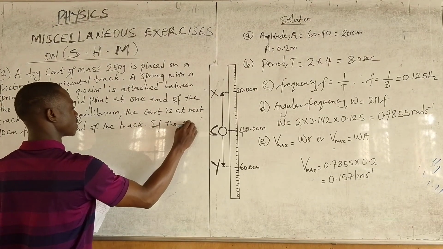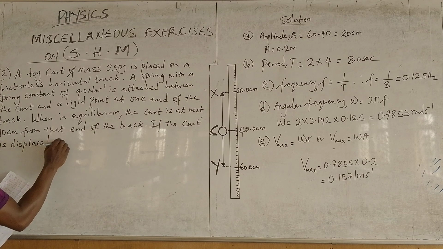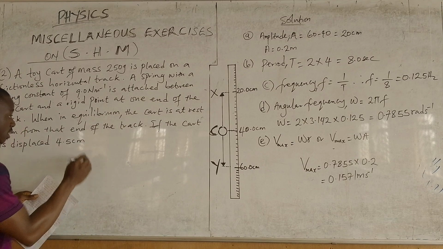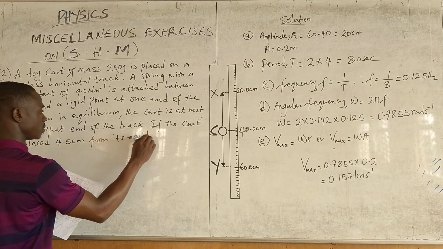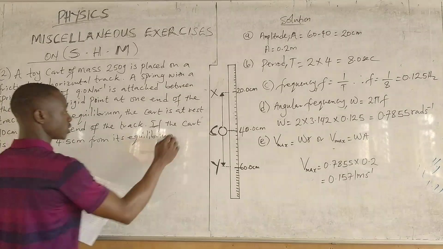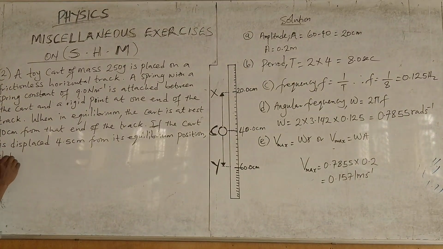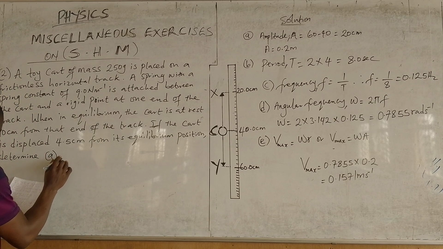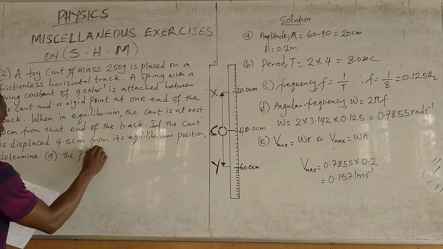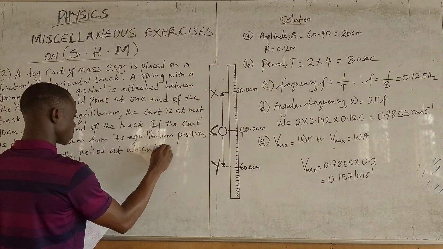If the cat is displaced 4.5 centimeter from its equilibrium position, determine A, the period at which it oscillates.